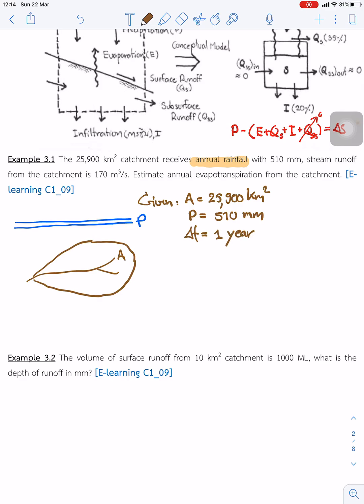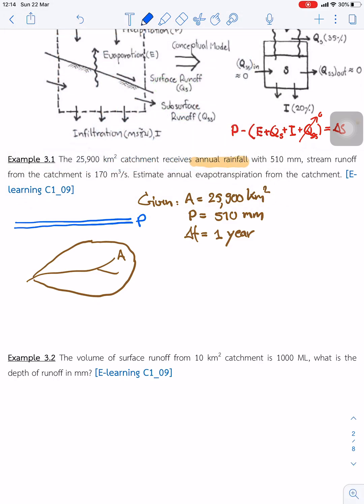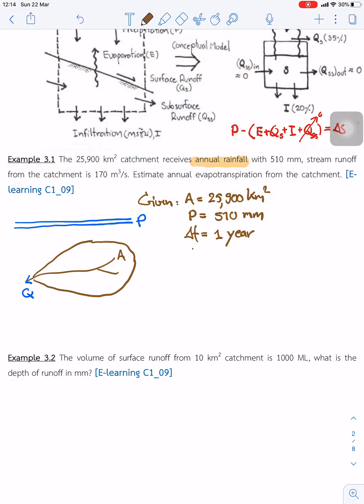Okay, and the stream runoff from the catchment is Q. Q is 170 cubic meters per second. So now the time step is different, from seconds to 1 year.